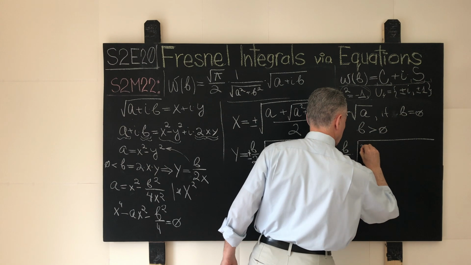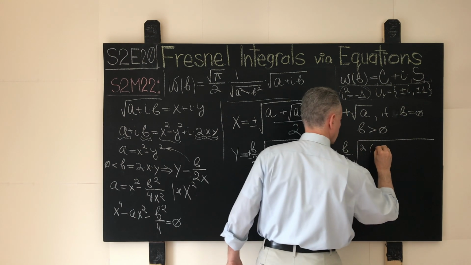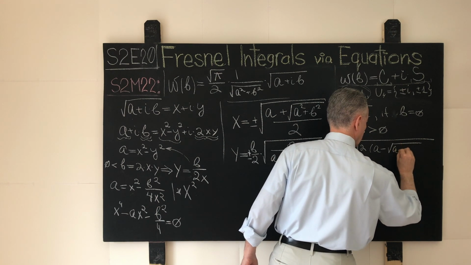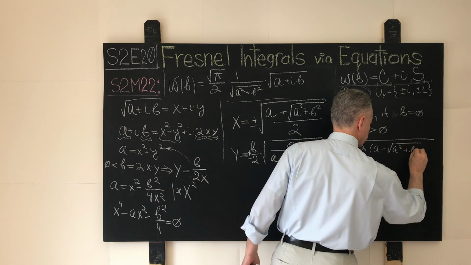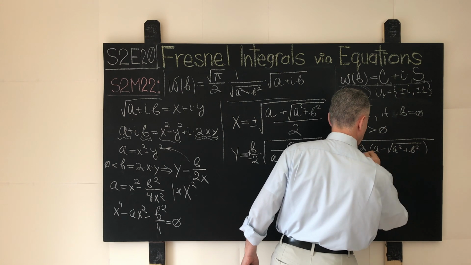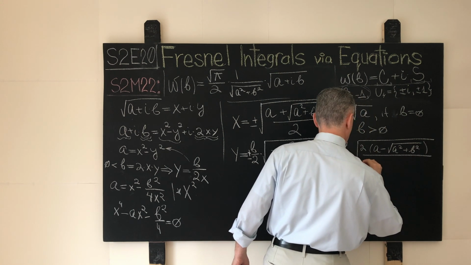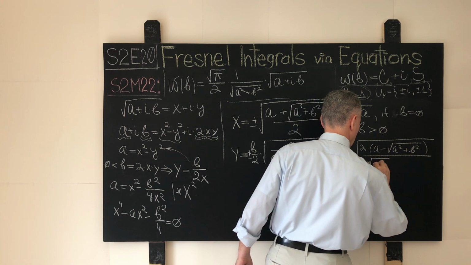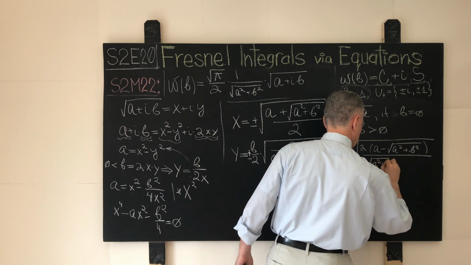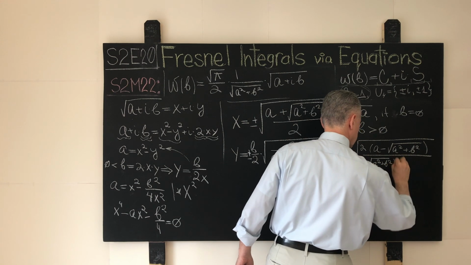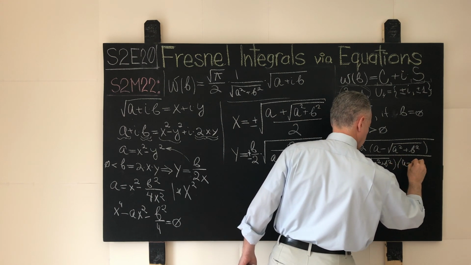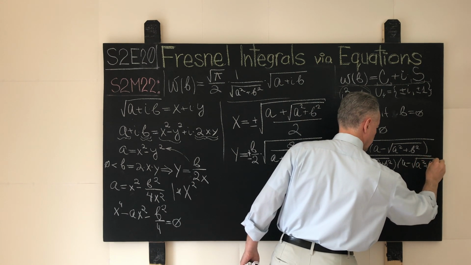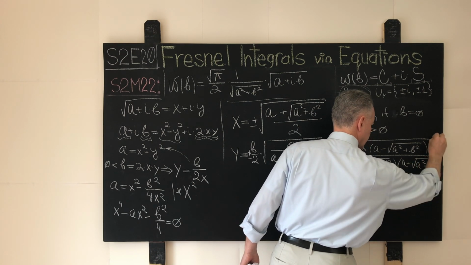So we have 2 times a minus square root of a squared plus b squared divided by a plus square root of a squared plus b squared times a minus square root of a squared plus b squared.